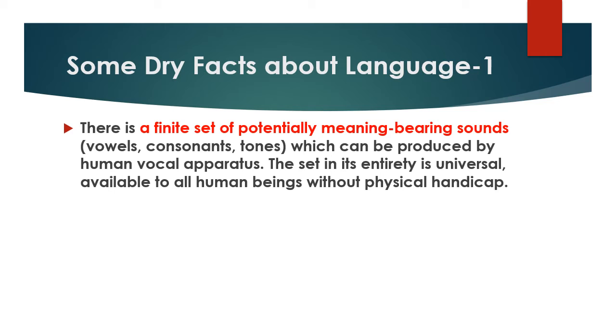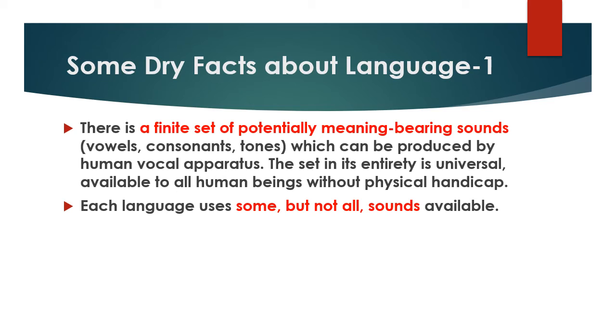The set in its entirety is universal, available to all human beings without physical handicap. So as humans, we can make an infinite set of sounds. Each language, say English and Spanish, uses some but not all sounds available to a human.